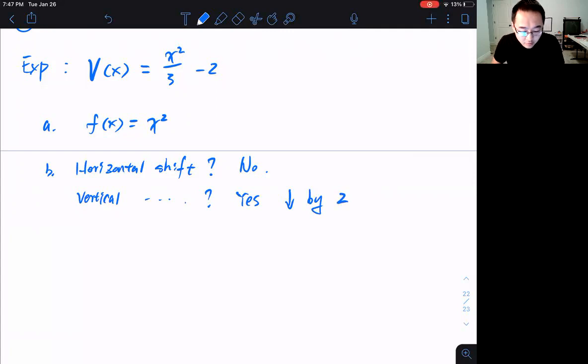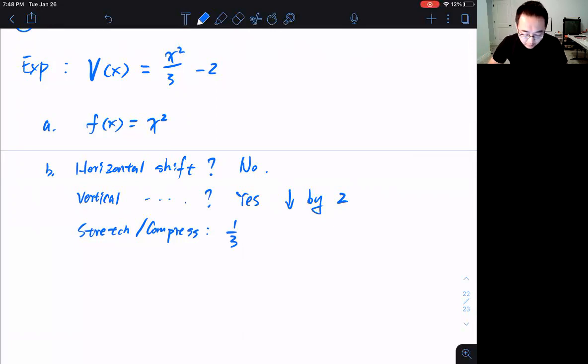Now, what about stretch or compression? Well, the answer is yes, because you have 1/3 times x squared in the functional form of v of x. So that means you took f of x and compressed it by 1/3.